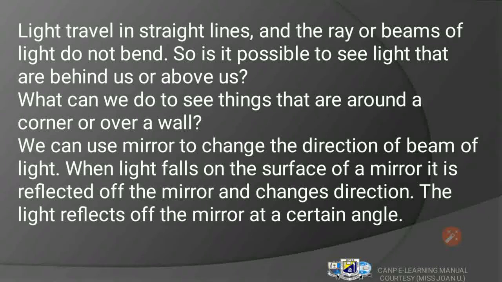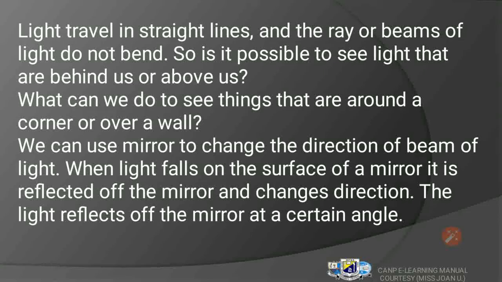You can actually see objects behind your head or above your head with the help of what we call a mirror. We can use a mirror to change the direction of a beam of light. When the light falls on the surface of a mirror, it is reflected off the mirror and changes direction.